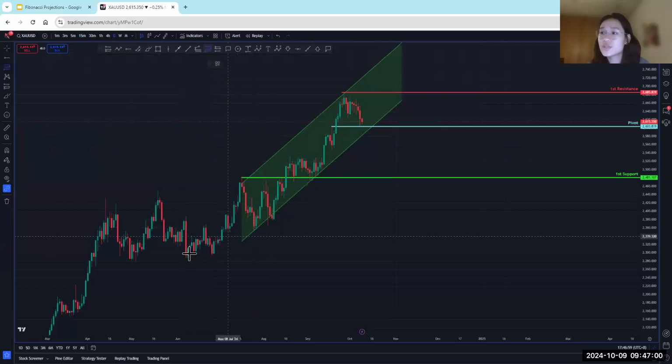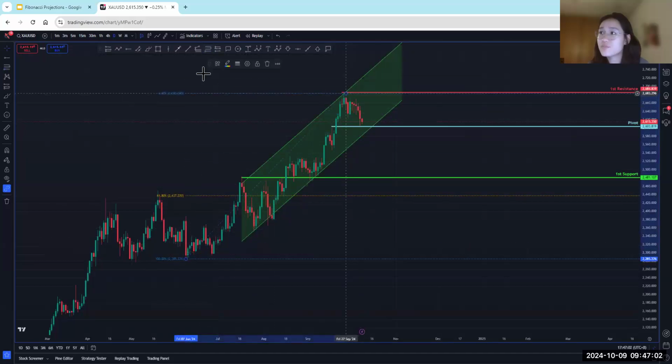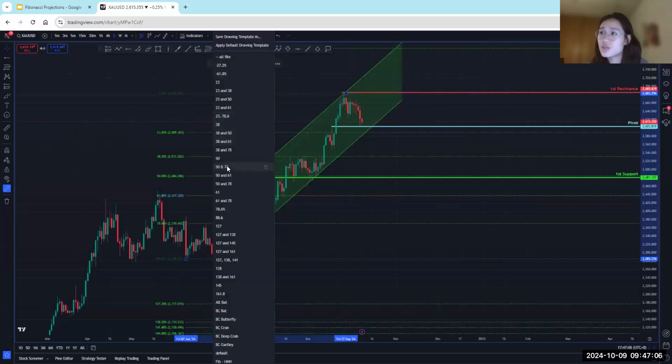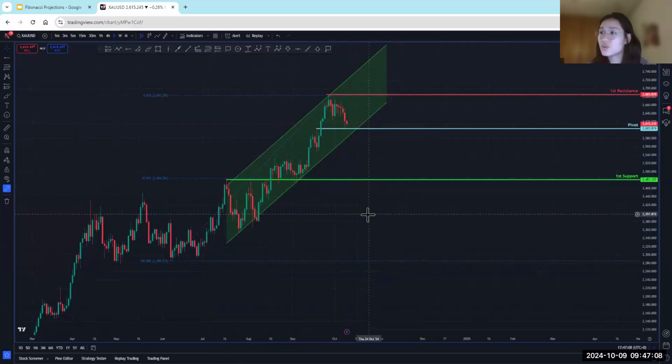Okay, going in with our retracement. Okay, 50% lines up with our first support.